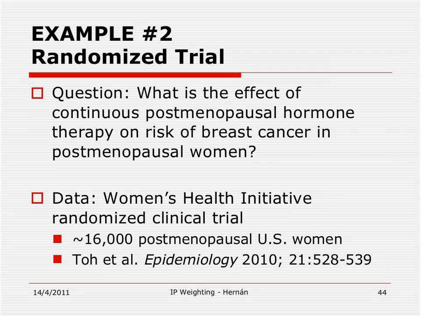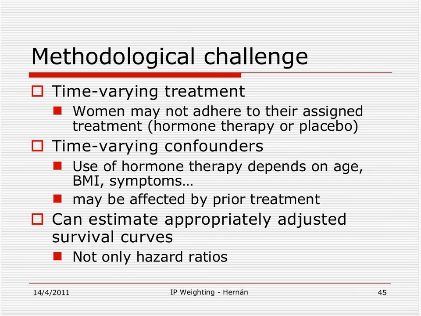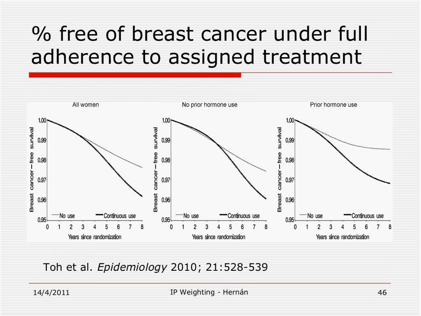So in this case, we can use IP weighting to adjust for non-adherence, and rather than only estimating an intention-to-treat effect, we can estimate the effect after adjustment for non-adherence. And in fact, in this case, we went further, and rather than only estimating a hazard ratio, we also estimated the curve if everyone had complied with their baseline treatment.